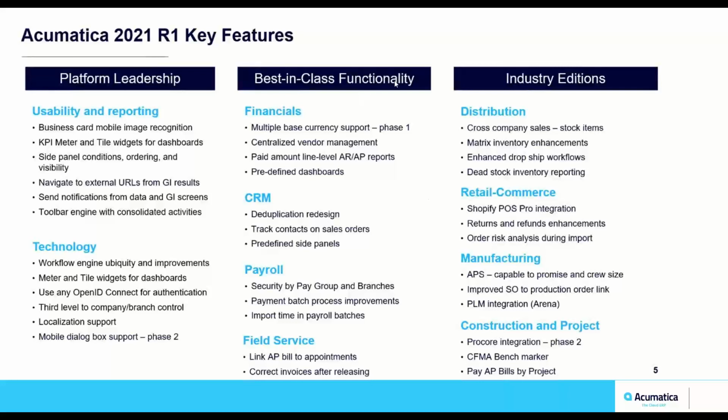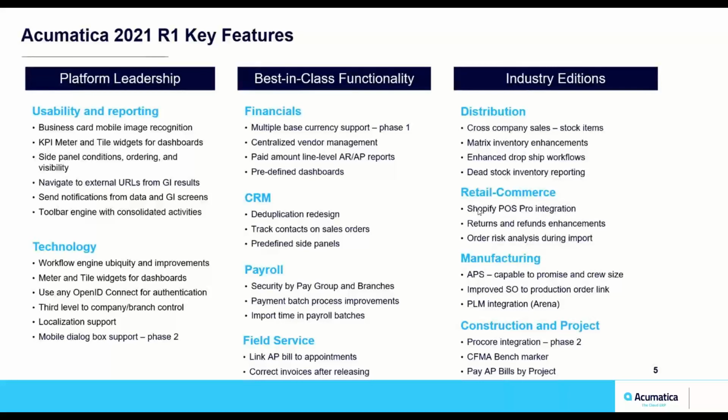So we're really getting further into those core modules, as well as the vertical industry editions. So for example, Acumatica, and Seth will talk about this later, has released a similar to the Big Commerce connector to Acumatica that's been published and supported by Acumatica Direct, not a custom integration, but a native integration.